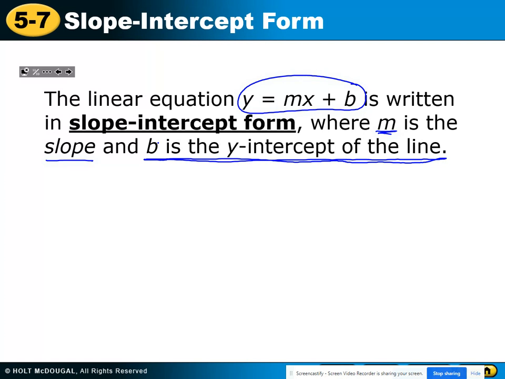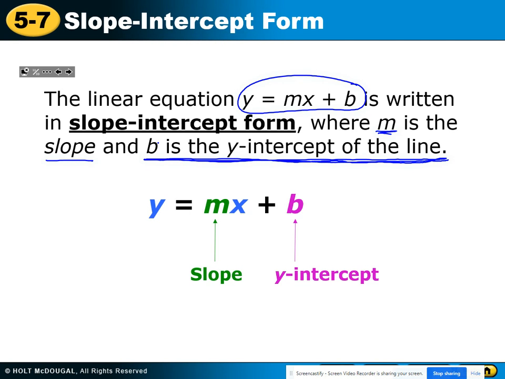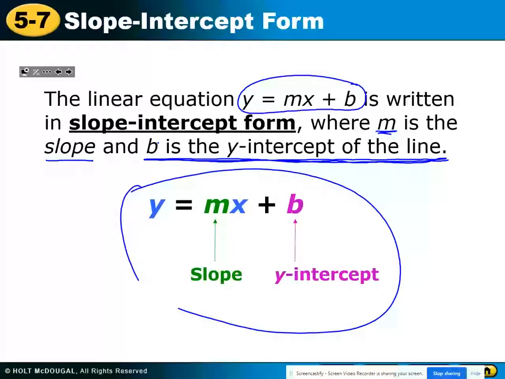Oh, b is the y-intercept. That's going to make it easier for us. So let's start looking at stuff. Slope, y-intercept. Take a screenshot, take a picture with your phone. That is the most important thing for all of today. This right here. Okay?